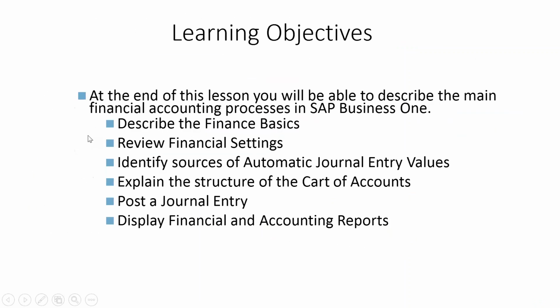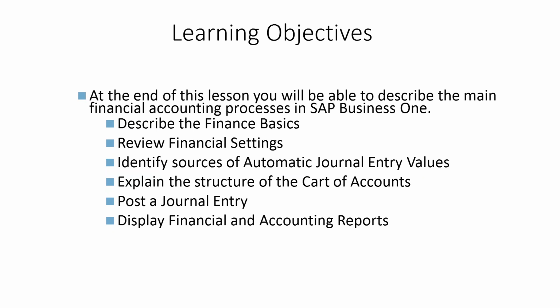Okay, so we have had an opportunity to look at the financial basics. We reviewed the financial settings, looking at GL determination and adding accounts. We talked about the sources of automatic journal entries: the delivery notice, and on the payable side, your goods receipt, purchase order, your accounts payable invoice and your payments.